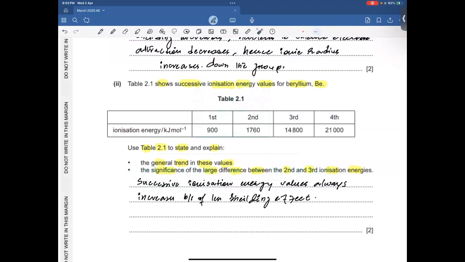See ना, जैसे जैसे number of electrons remove होंगे, shielding effect कम होना शुरू हो जाएगा. Because of less shielding effect and smaller ionic radii. Okay.